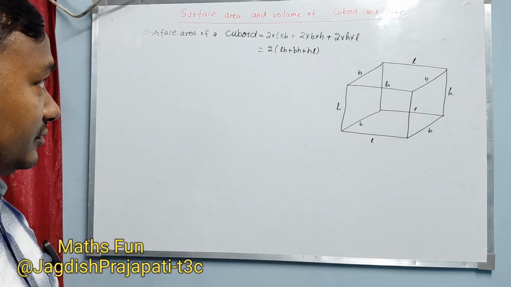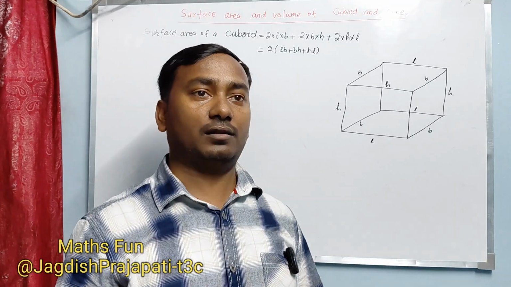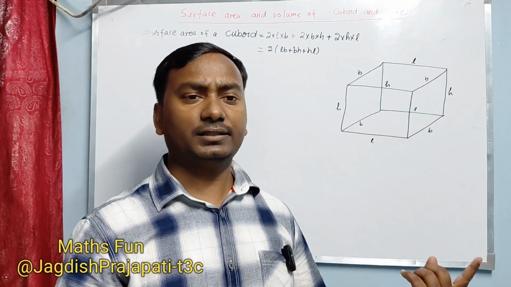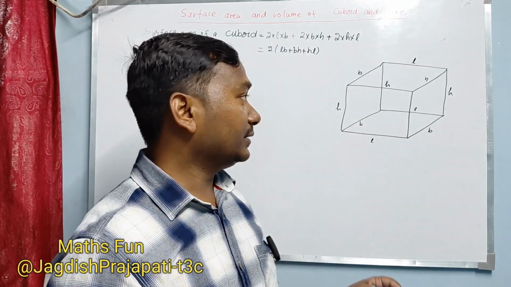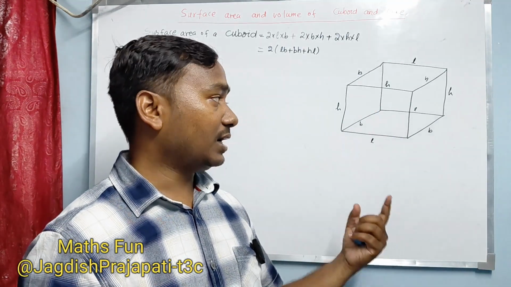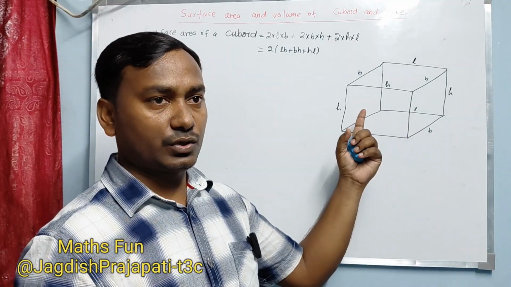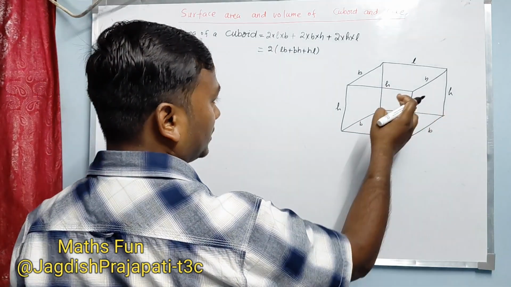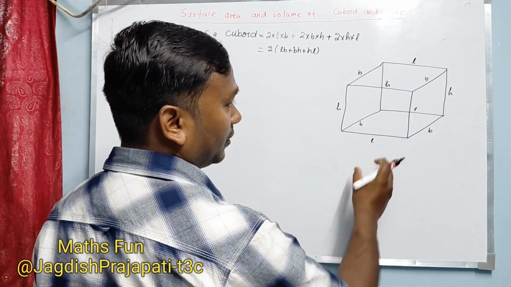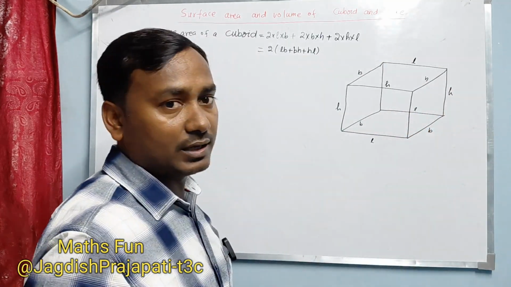Now anybody can ask what will be the surface area of a wall, or the 4 walls, or the 2 walls, or 3 walls of a room. So the room will be just like this. Either it may be square in shape, that will be a cube, or in this shape, a cuboid. So this one, and the opposite faces, this and this one, and the bottom one will be left out.